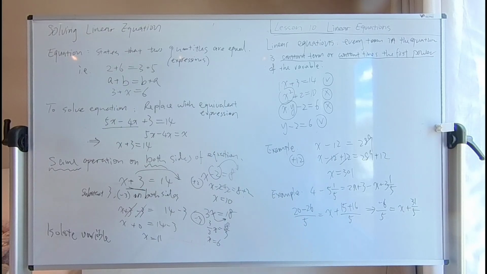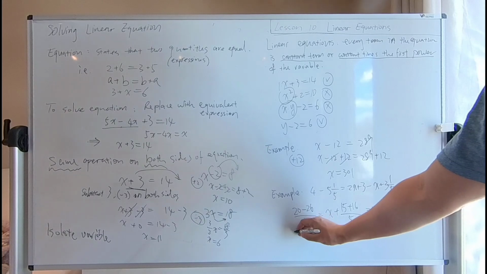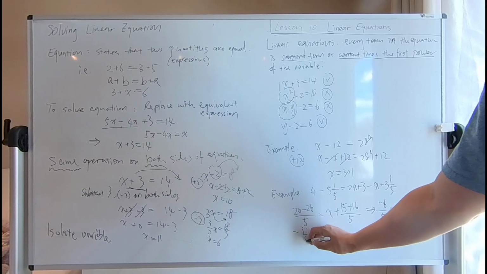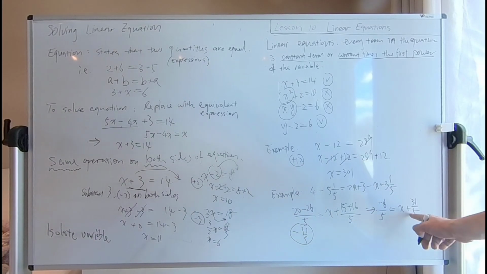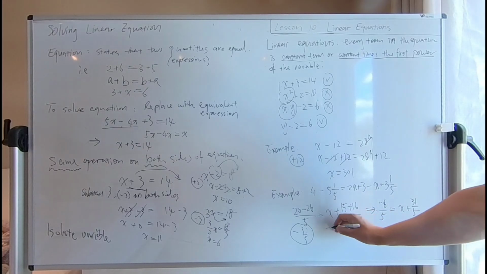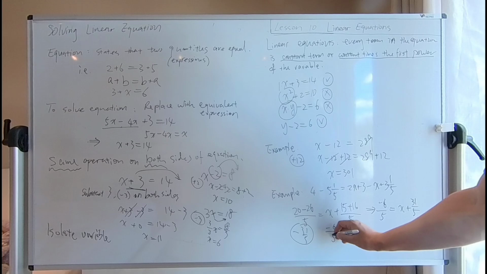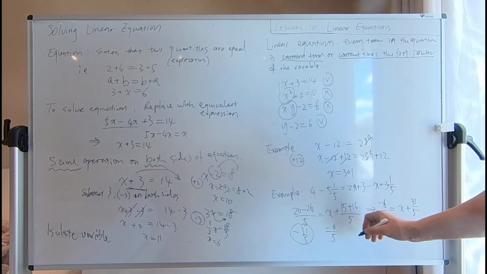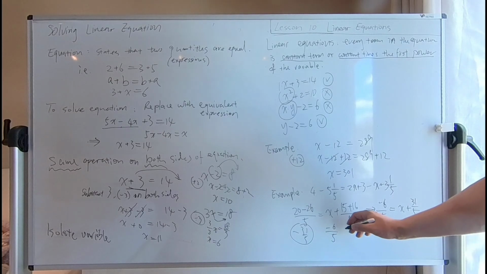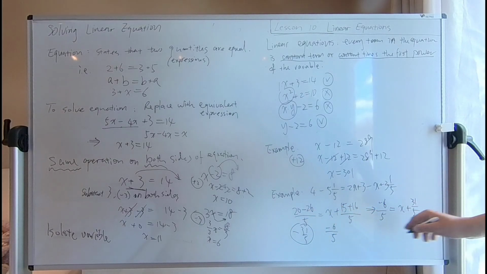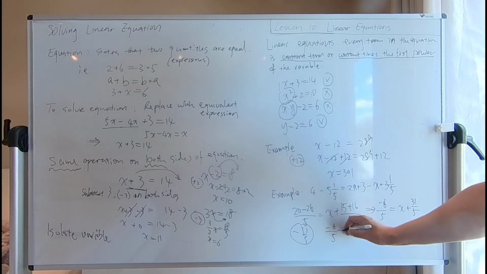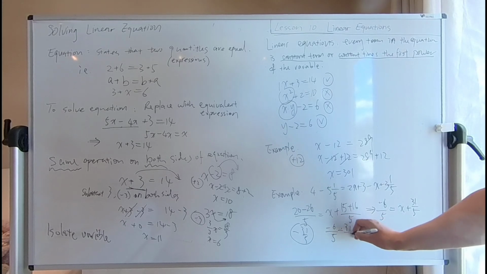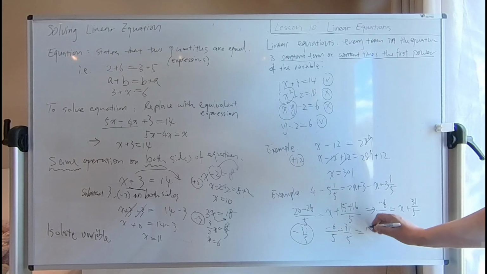Okay, so then I want to solve this by subtracting 31 over 5 on both sides in order to isolate this x from here. So I have minus 6 over 5 minus 31 over 5 equals x, right?